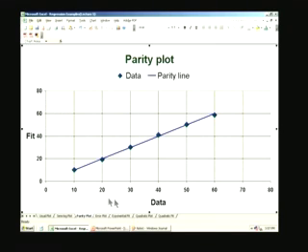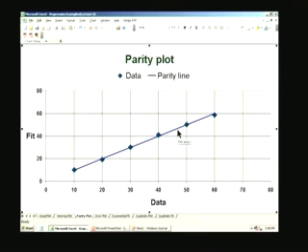On the x axis, I am going to use the data which is given. If the data and the fit agree completely or perfectly with each other, they will lie on a line. If I plot it using the same scale on this axis as well as this axis, it would lie on a 45-degree line.